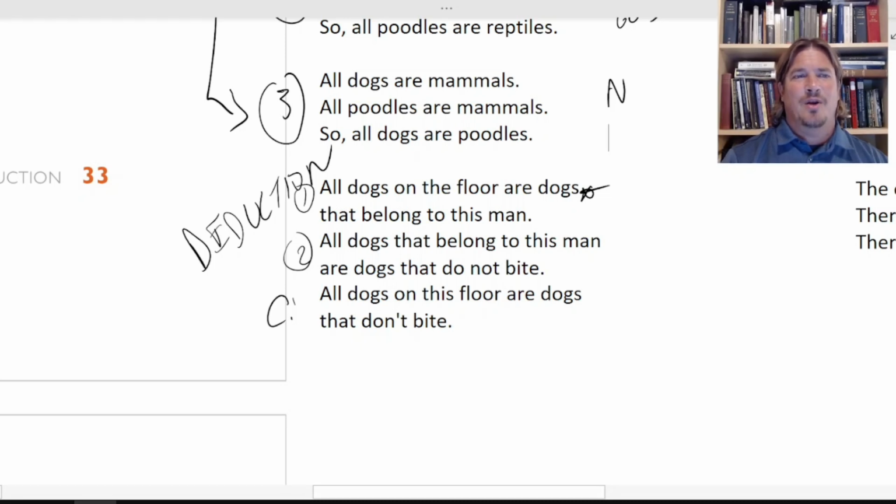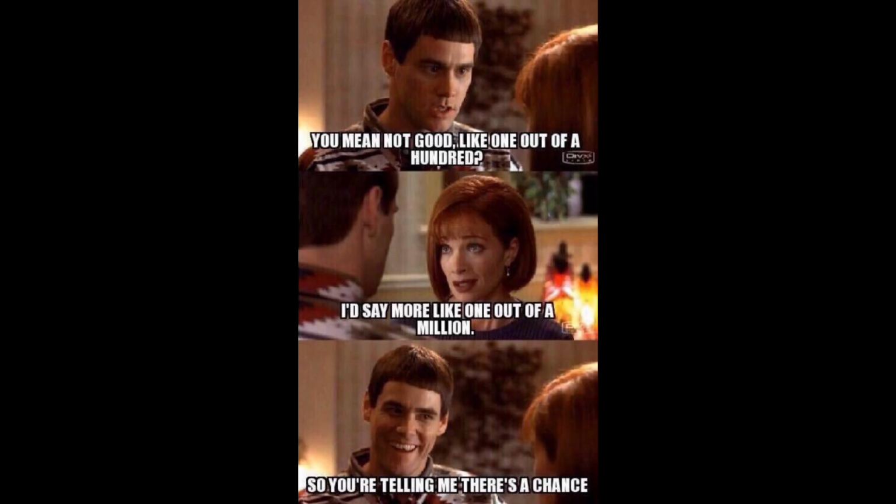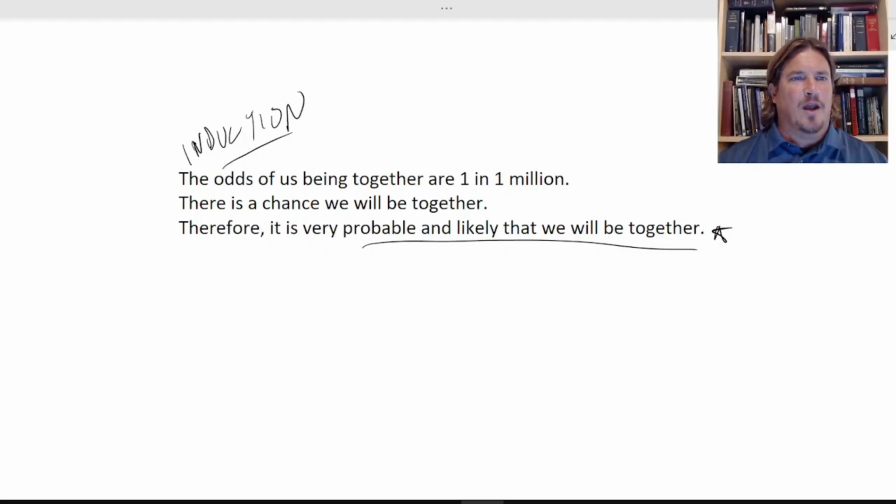All right, let me show you another illustration of an induction that I think you might find helpful in seeing an inductive structure. Another goofy example. Okay, so it's one of my favorite films of the late 20th century. But this is an induction, right?